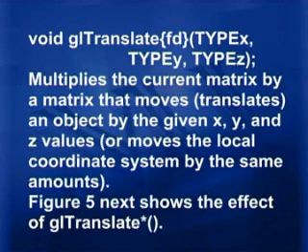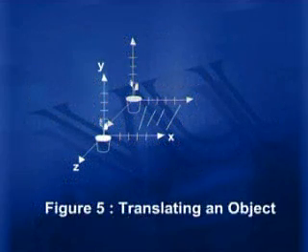Figure 5 that we are going to see shortly shows the effect of glTranslate. The illustration in front of you right now is that of translating an object. So we can think of the object being translated in our grand fixed coordinate system, or we can think of the local coordinate system associated with our object getting translated along with it.